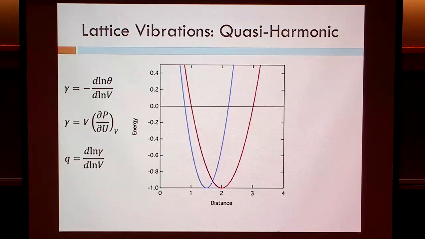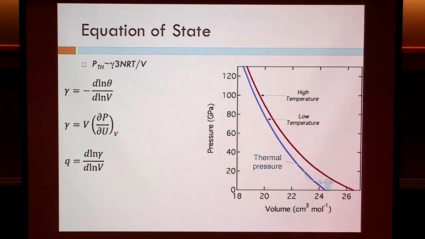Okay, here's another way to look at all that. Here's an equation of state. Wendy showed a similar set of curves yesterday, pressure versus volume. A cold equation of state, say 300 Kelvin, and a hot equation of state, say a mantle temperature, 1500, 2000 Kelvin, something like that. As Wendy pointed out, there are two ways to think about the relationship between these two curves.